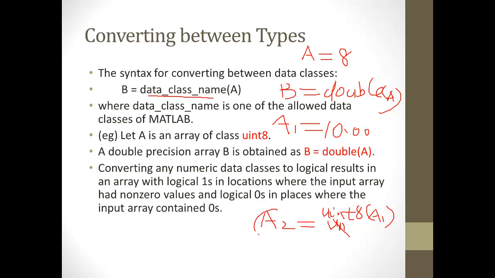Then A2 will be unsigned. If A1 is -10.0, then you put it here. Then you will find A2 will be equal to 0. For all negative numbers, when they are converted to the unsigned integer, they will become 0.